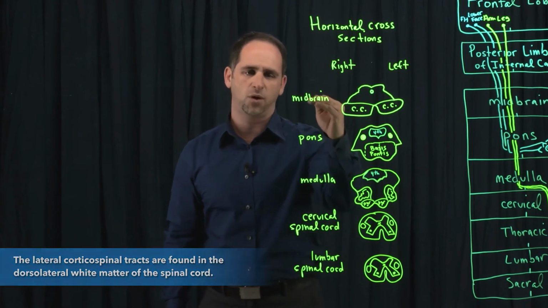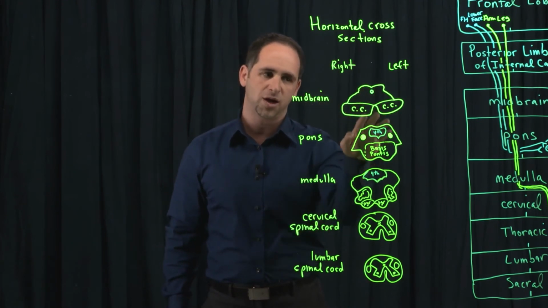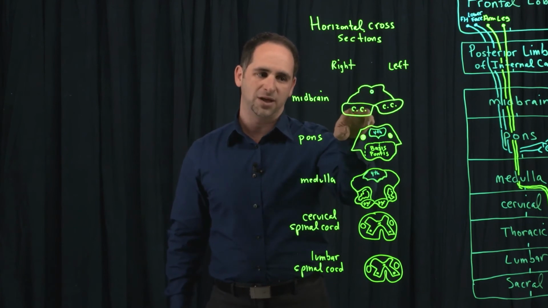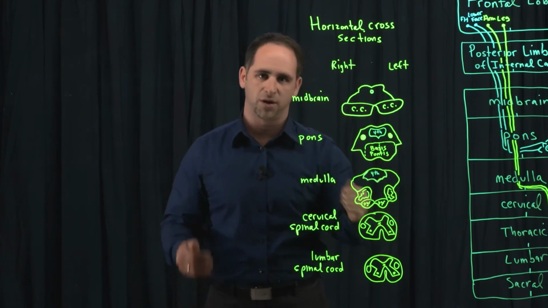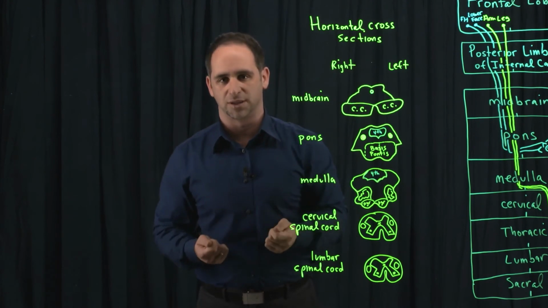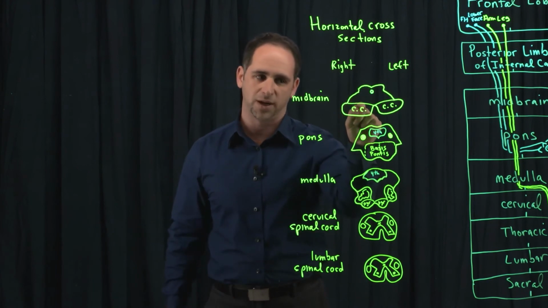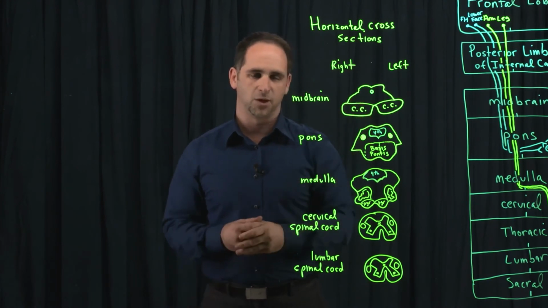It's very important to understand these cross sections because there are other structures that are nearby. And if those structures are injured, and we have injury in the crus cerebri or the basis pontis or the pyramid or the spinal cord, that can give us what we call neighborhood signs, which help us further localize the lesion and pinpoint where the damage might be. We'll go over some of those examples in a little bit.